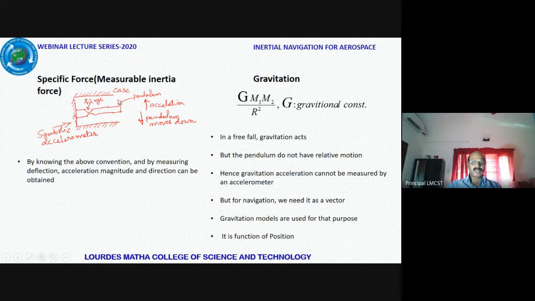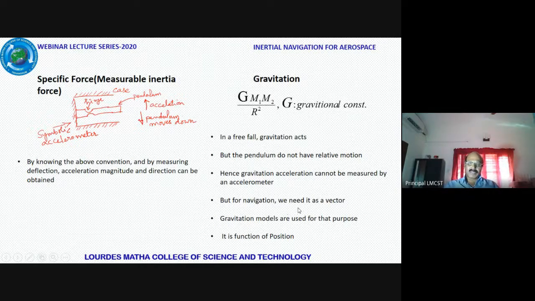So here two things we have done. One is setting the sense of the sign, positive or negative, as the convention, as well as introducing the measurable inertia force called by another name. Usually the popular name is specific force. Of course, gravitation we know, this is the gravitation law, and this is the gravitation constant here.